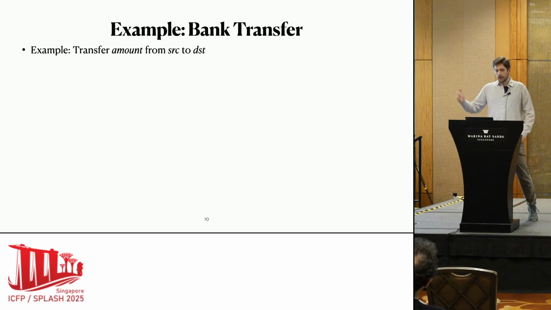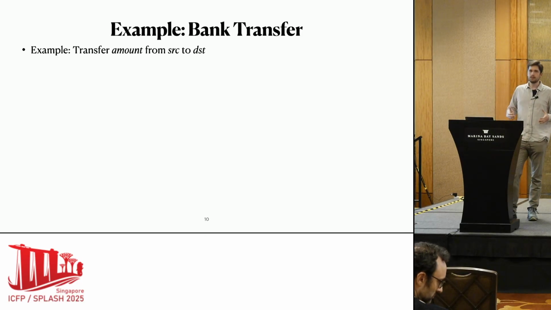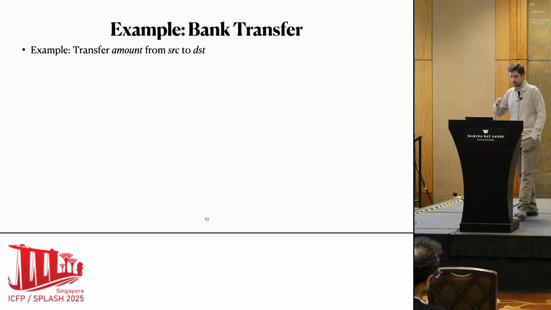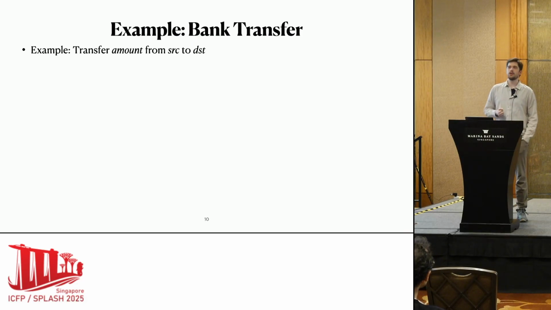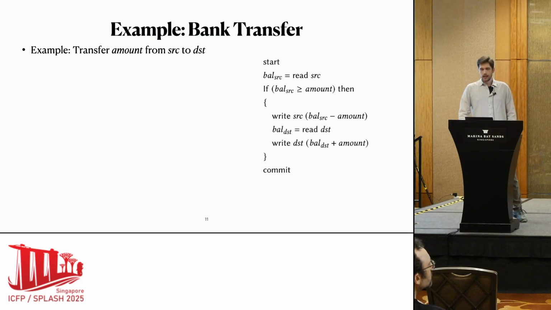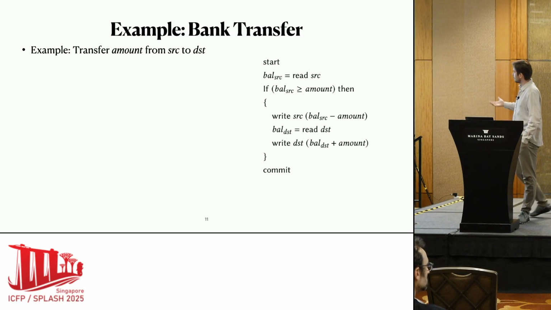And to drive this point home about the differences between some of these levels, let's consider a small example. Say we are creating a banking application and we want to transfer some amount from a source to a destination account. Then a code snippet for this could look like this.